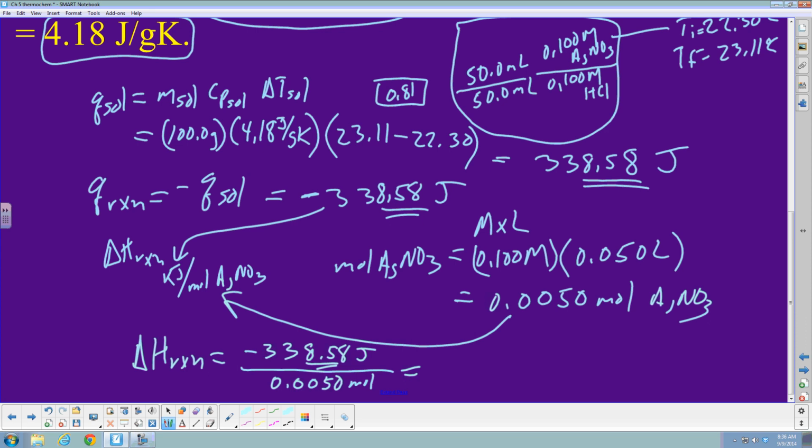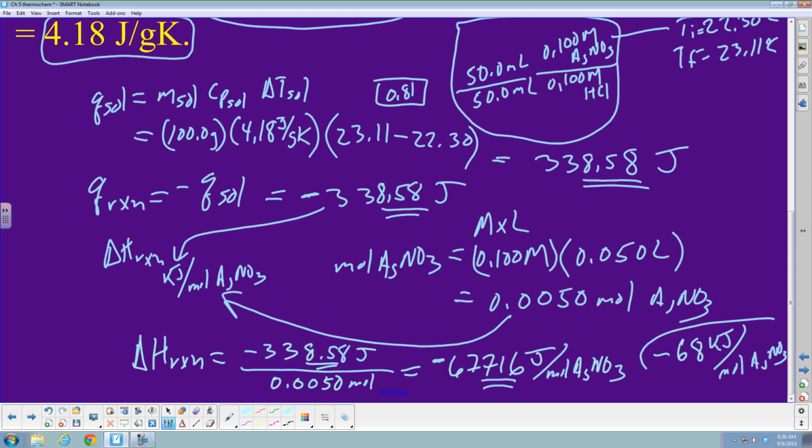And I think my answer is 67716. Negative, how many sig figs? Only 2. And this is in joules per mole silver nitrate, and I want to convert that to kilojoules, so I get a negative 68 kilojoules per mole of silver nitrate.